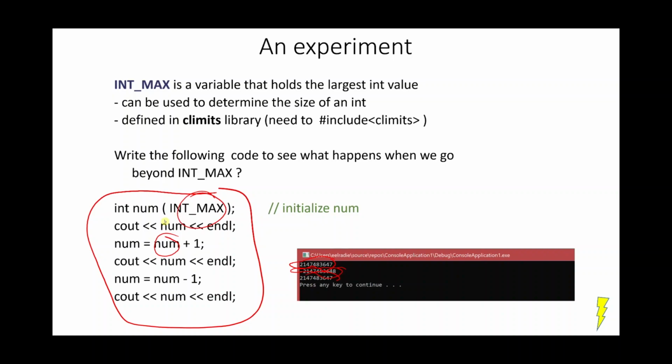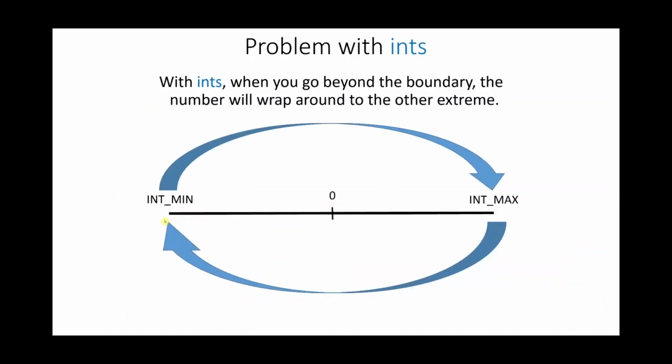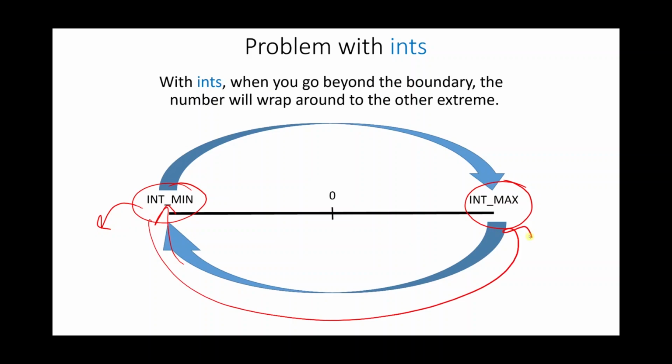Now there is a rule, and this rule is going to be in the exam, that says if you increment beyond the maximum value, the minimum value is going to be stored in your variable. If you decrement beyond the minimum value, the maximum value is being stored in your variable.